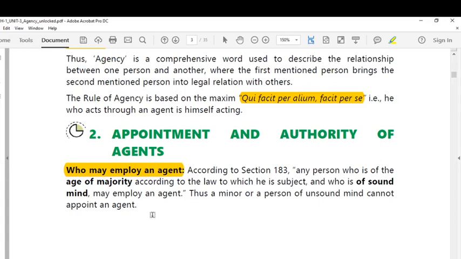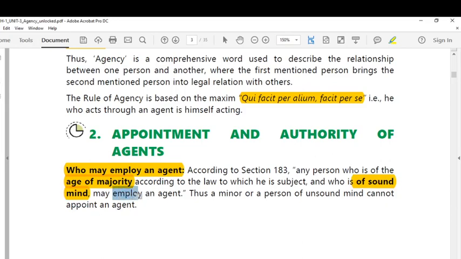So to appoint a person as an agent, the person should have certain qualifications according to section 183. Any person who is of the age of majority according to the law to which he is subject, and who is of sound mind, may employ an agent.